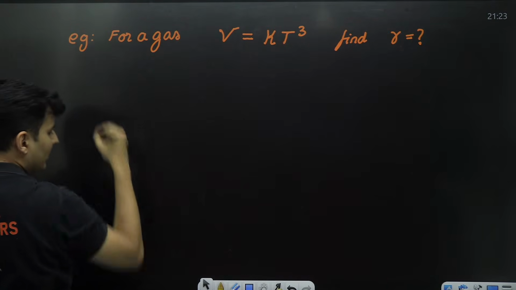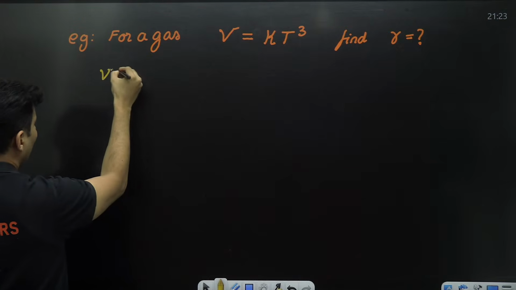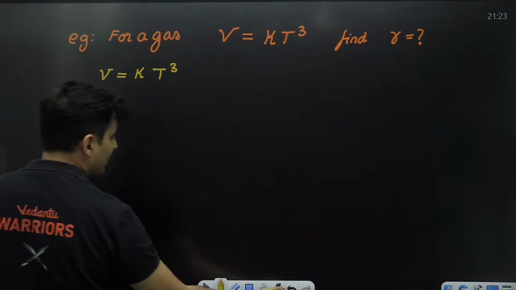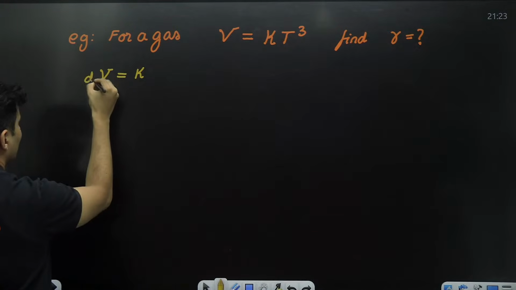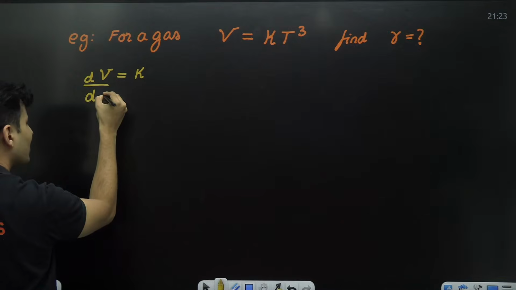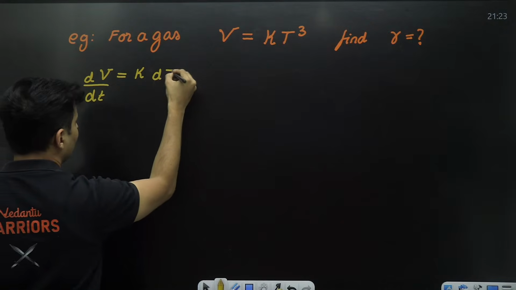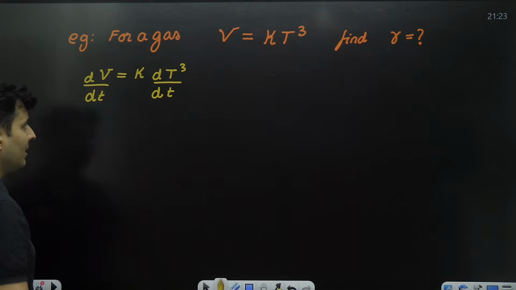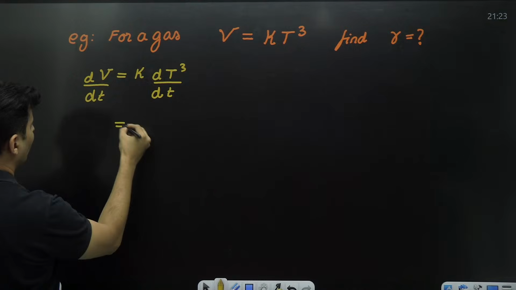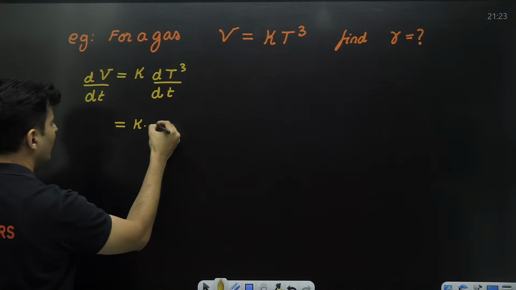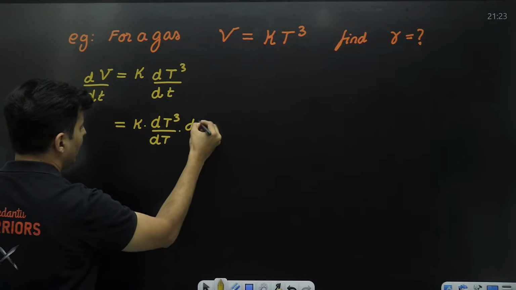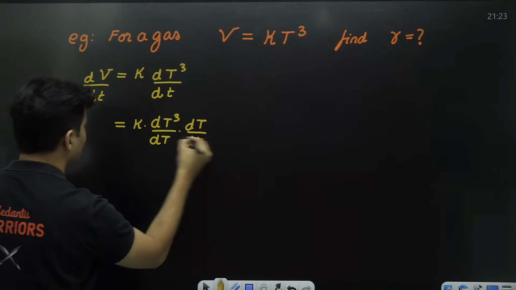So take V equals K T cube, and take the derivative on both sides. You can take it with respect to anything, T, x, it doesn't really matter. K is a constant, so I put it outside. Use the chain rule: d(T cube)/dt and dT/dt.